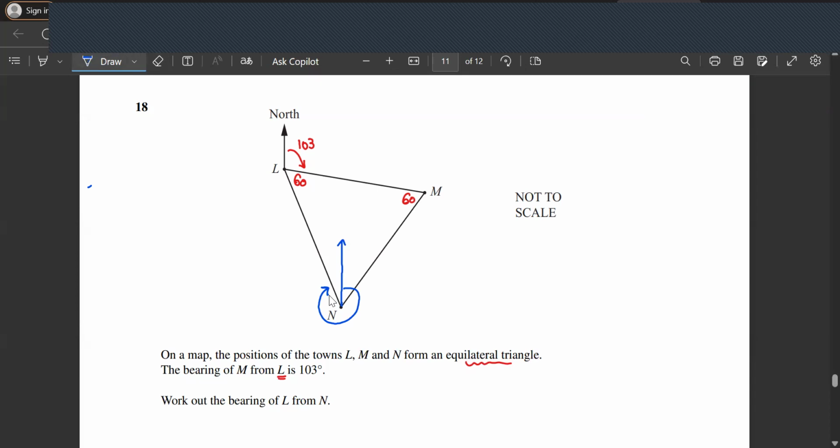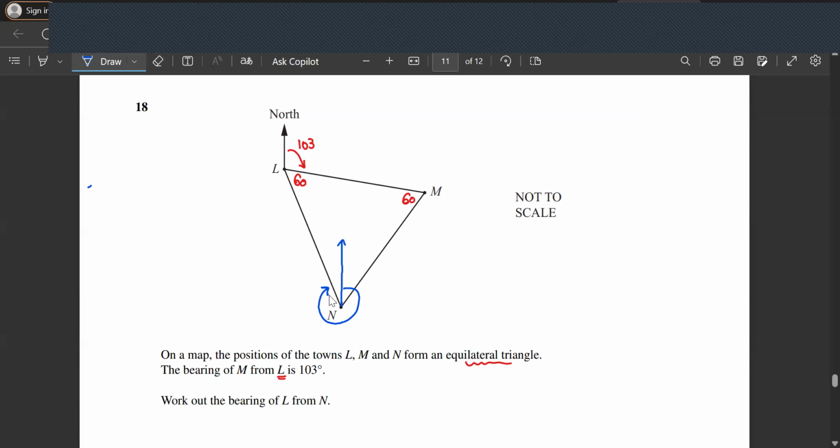You find the same angle at M first. 180 minus 103, which is 77, and then subtract 77 from 360, and then you get the outer part.